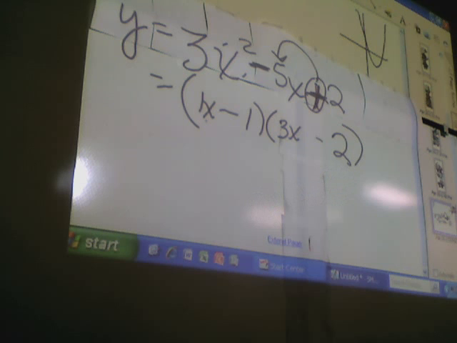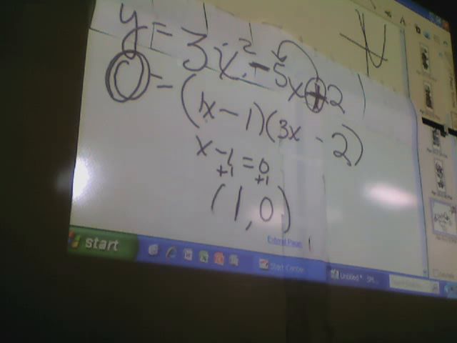So we need to make them equal to 0 to find the intercepts. We have x minus 1 equal to 0. Solving that, we have plus 1, so that x-intercept is 1. We might as well write the 1, 0. The other intercept, 3x minus 2, set that equal to 0.